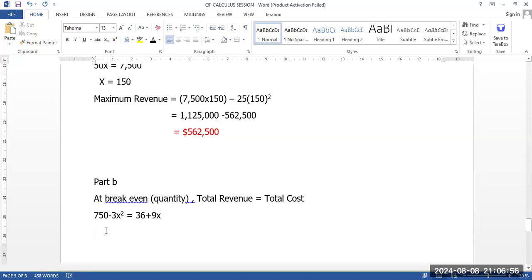So let's take everything to the right. This will be 3x squared, then plus 9x. I am taking what I have on this side to this side. So plus 9x plus 36 minus 750. And I put everything equal to 0.